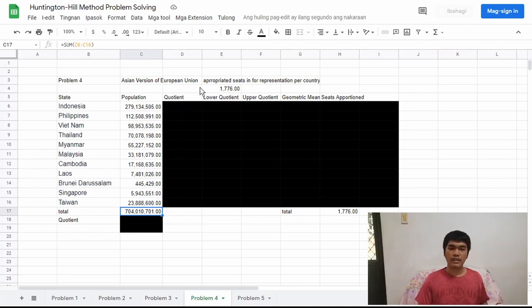So in this hypothetical Asian version of the European Union, they will get the total seats, which is 1,776, which is quite large because Asia is large in population. So if we divide the total population by the appropriated seats, this will be the answer: 396,402.42. So it's quite big also.